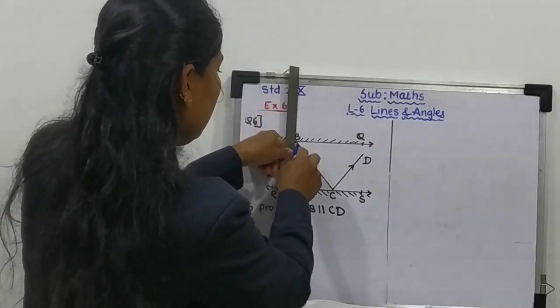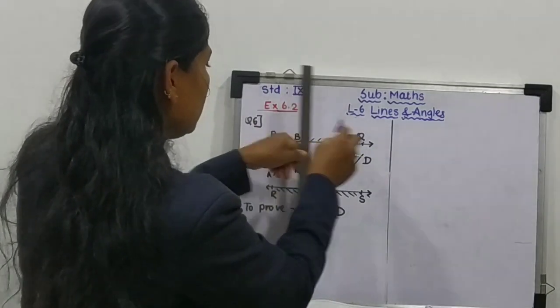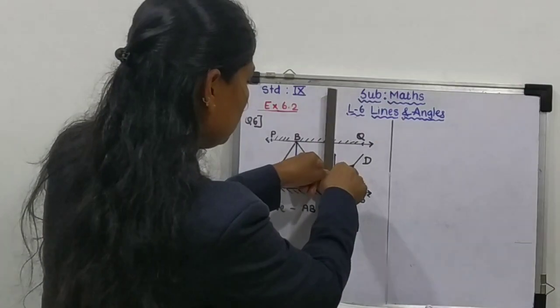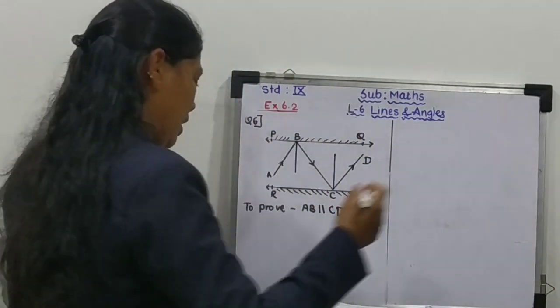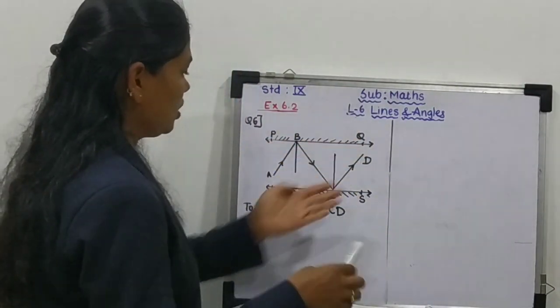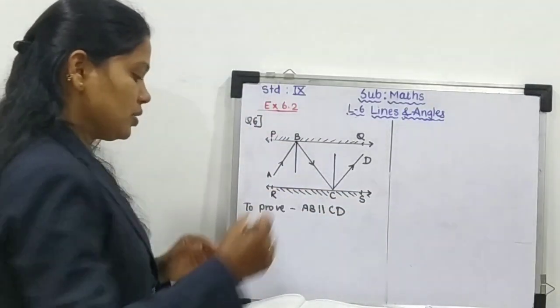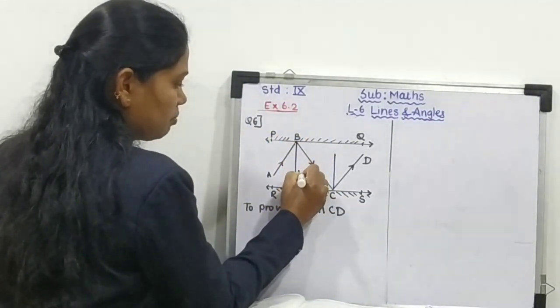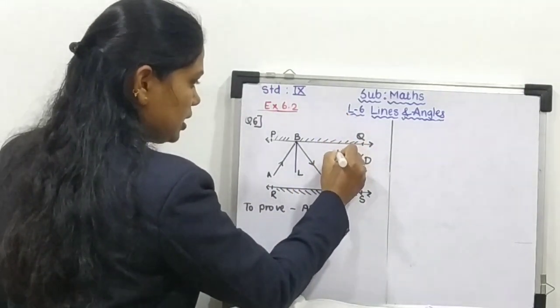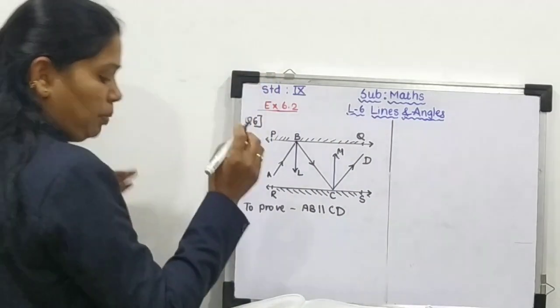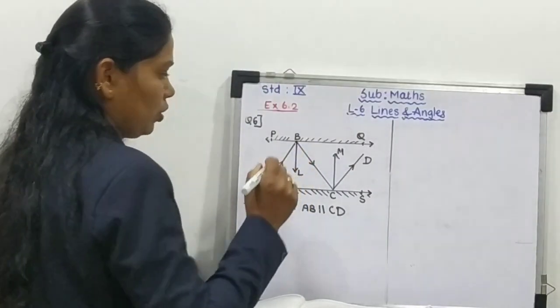So we will construct, that is, draw two rays or lines perpendicular to PQ and RS. We will label them as BL and CM. So these two are the perpendiculars we have drawn.